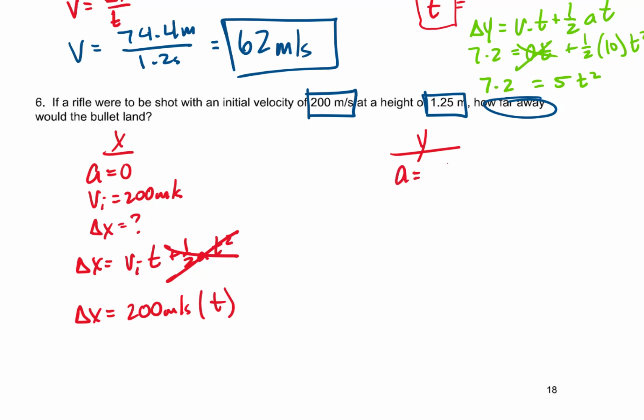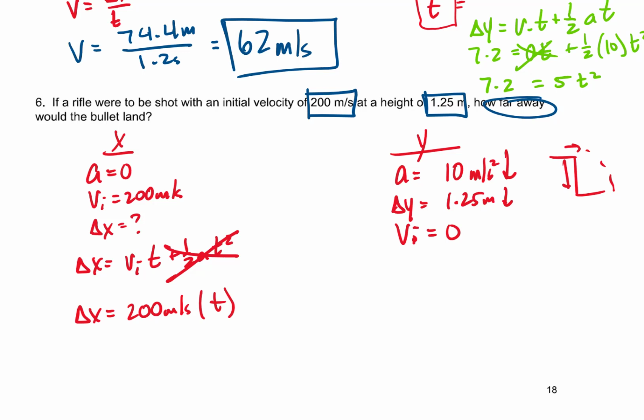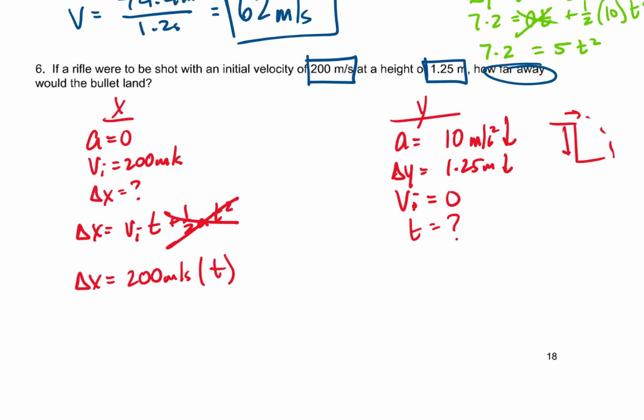Well, I know in the y direction, the acceleration is 10 meters per second squared down. I know that my height is 1.25 meters down, again, because we're firing it this way, and it's going to fall down in the y direction. My initial velocity in the y direction is 0 because we're firing it horizontally, and we want the time.